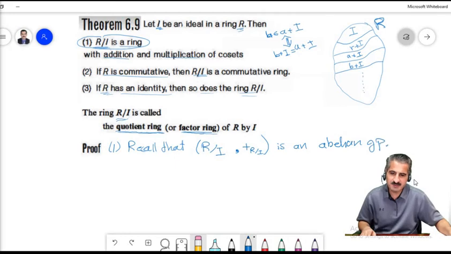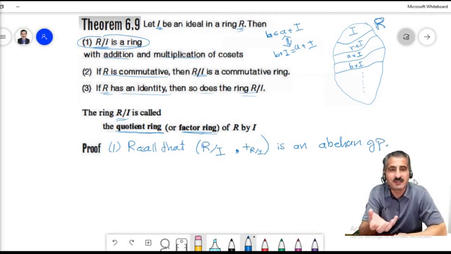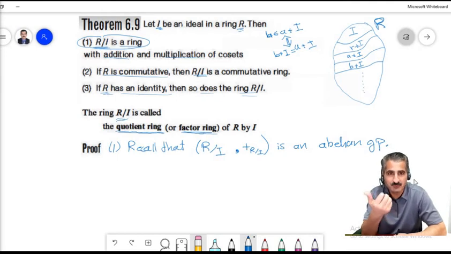It is a group, de facto, you know, right? Because I is an ideal of R. R is a ring, so R is an abelian group, and I is a subgroup of R. So it is a normal subgroup, because we are in an abelian group. So I is a normal subgroup of R, which is a group also. So R over I is a quotient group with the addition of cosets. So we are done with that.